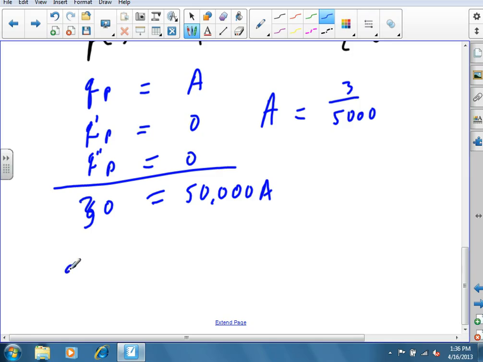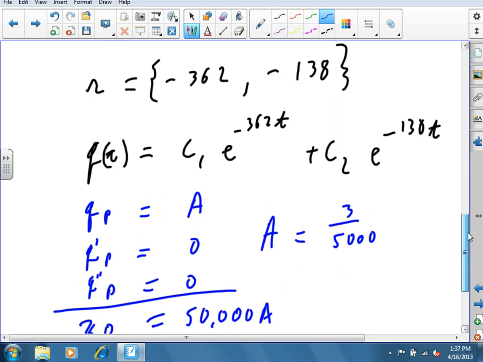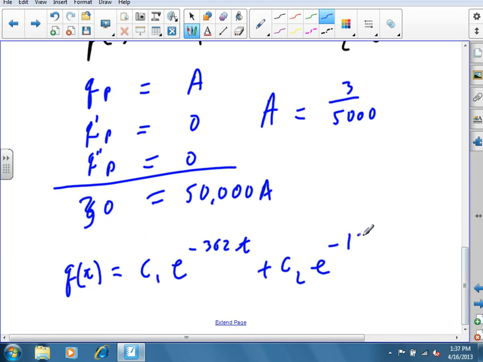And then q of t, not final answer yet because we have to apply the initial conditions, is c1 e to the minus 362t plus c2 e to the minus 138t plus 3 over 5,000.